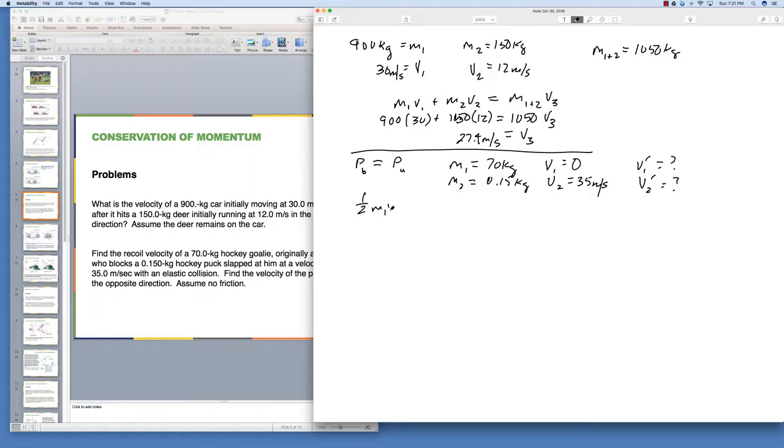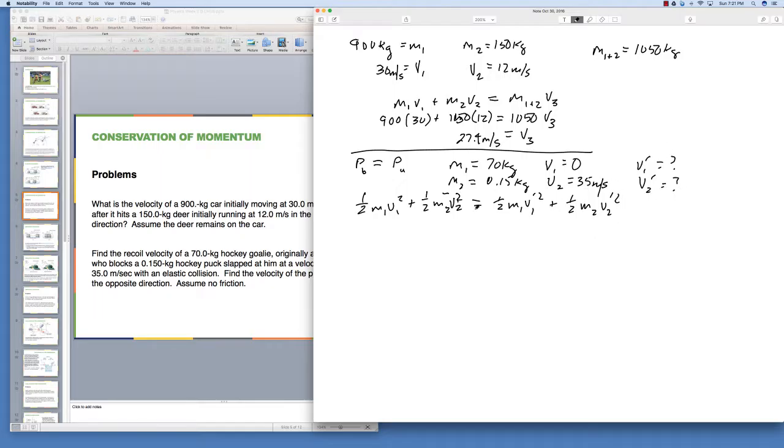So 1/2 m1 v1 squared plus 1/2 m2 v2 squared has to equal 1/2 m1 v1 prime squared plus 1/2 m2 v2 prime squared.